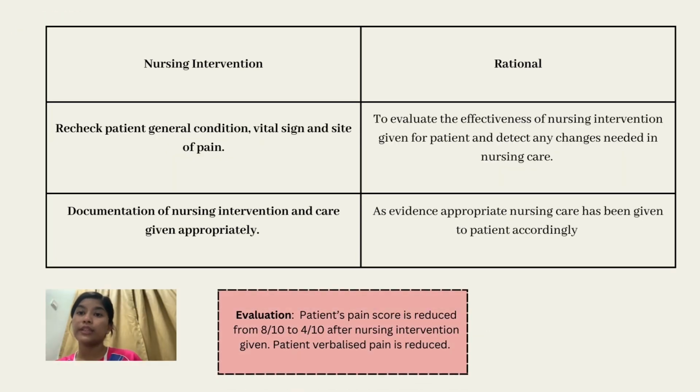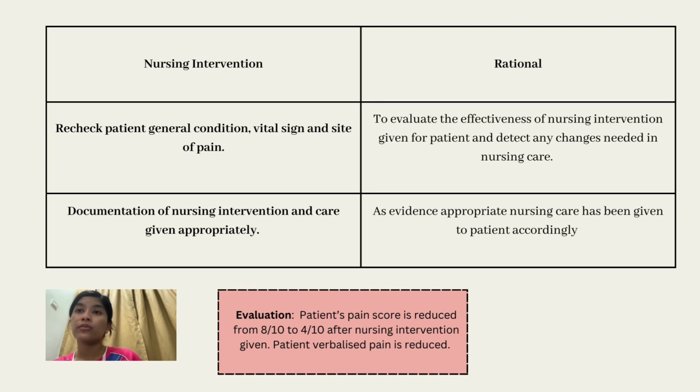The next one, we recheck general condition, vital signs and site of pain, because we want to evaluate the effectiveness of nursing intervention given to the patient, and then detect any changes needed in the care plan.